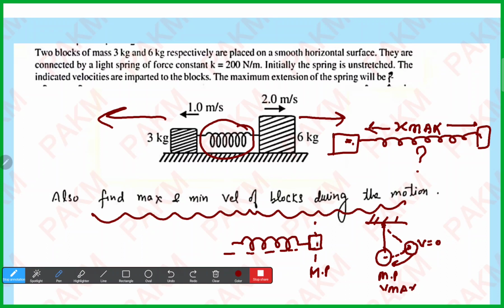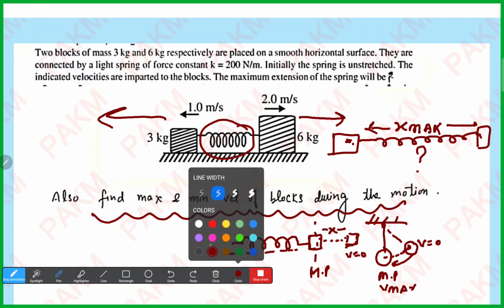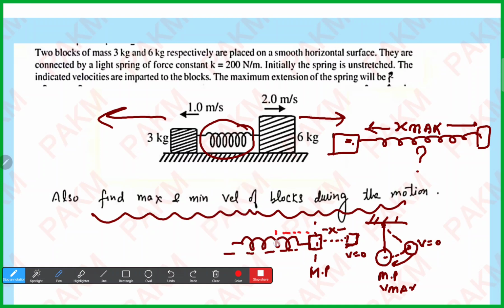Roughly, once the spring moves from the mean position by distance x, the velocity will be 0, and when it returns back, here the v will be max. This is the thinking required when comparing with the pendulum.